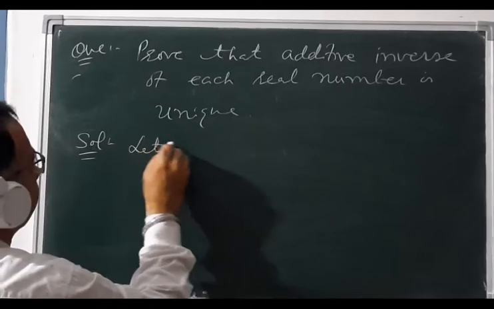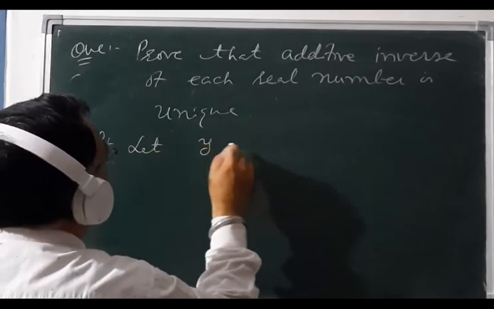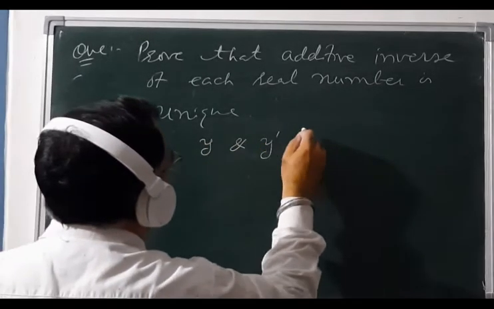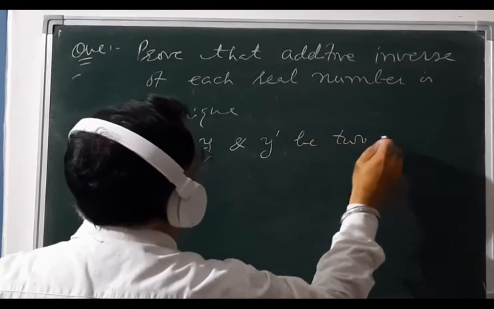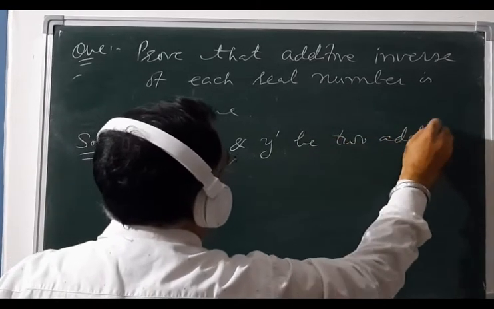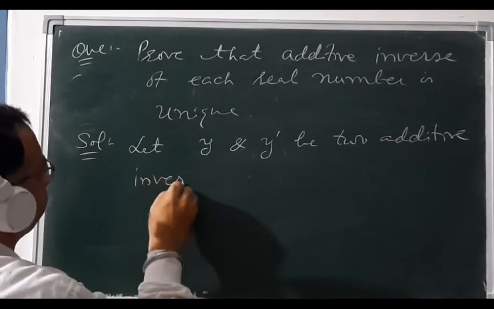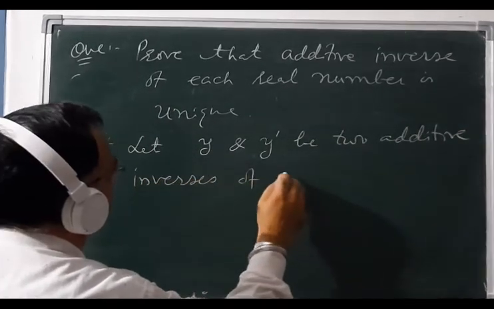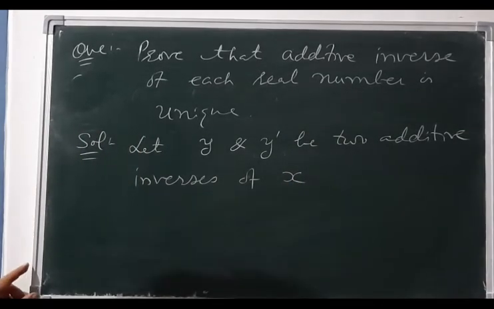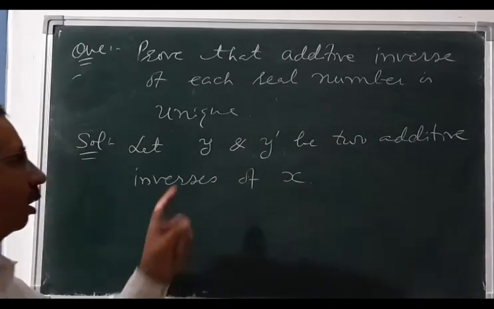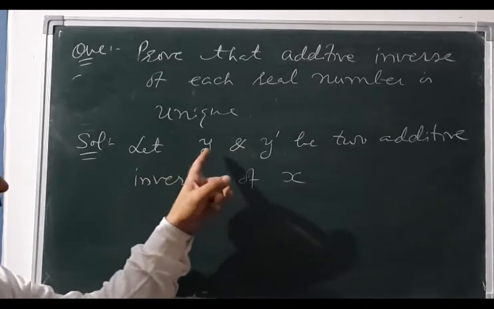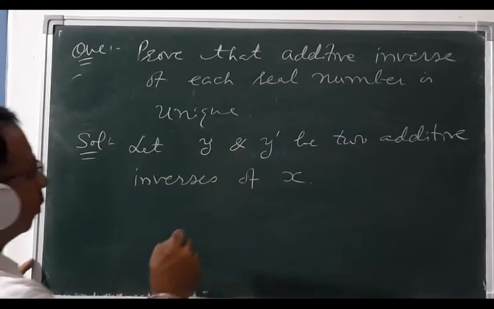Let y and y dash be two additive inverses of x. We want to show that y and y dash are the same.